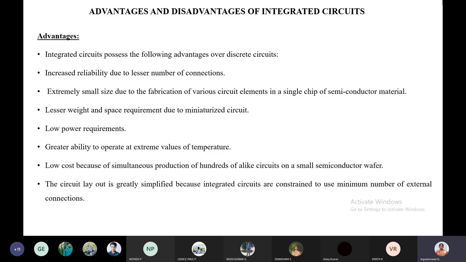In such conditions, they have manufactured the IC. Beyond room temperature, it is able to manage up to a certain temperature, in such a way that they have designed the IC. That is one advantage.